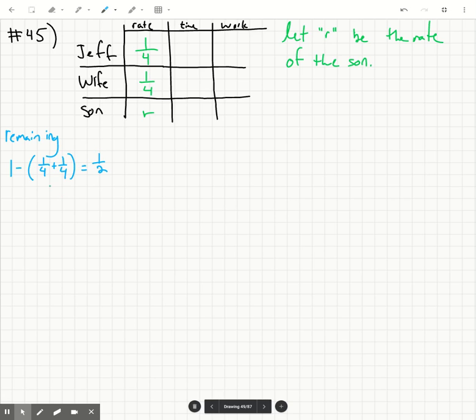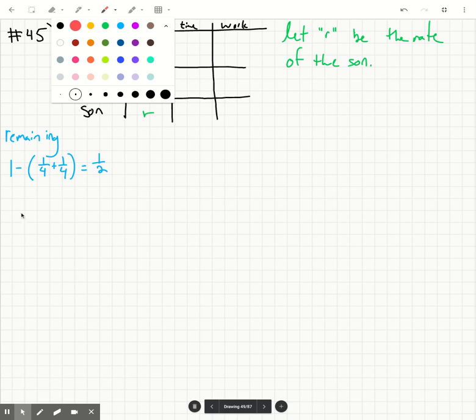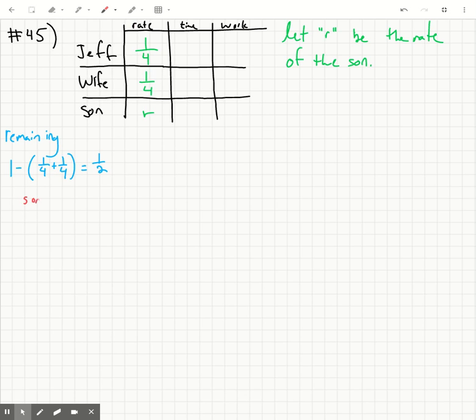So there's half remaining, and then the son comes and joins them. So we've got to combine their work. We've got the son's work plus Jeff's work plus the wife's work. That's going to be equal to a half of the garden.